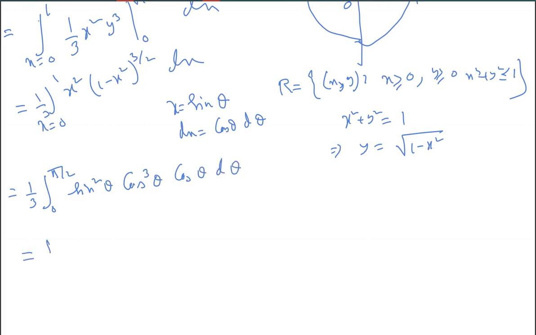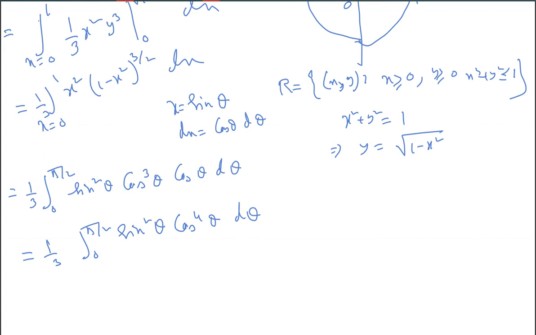This is 1 by 3, 0 to pi by 2, sin square theta cos to the power 4 theta d theta. Can you complete after this? Yes, sir, using the beta function.